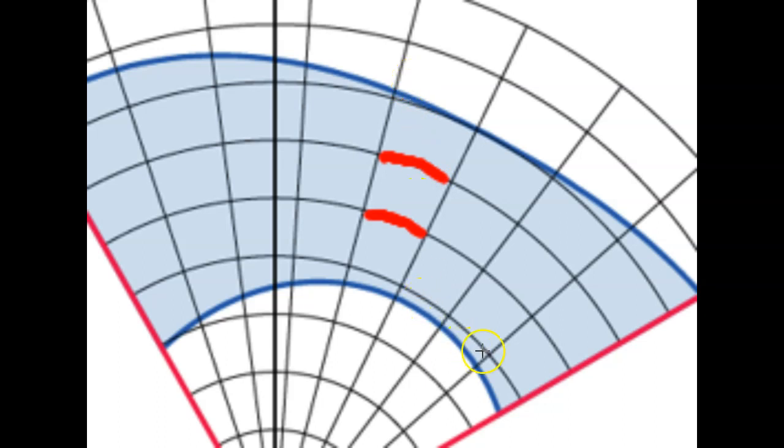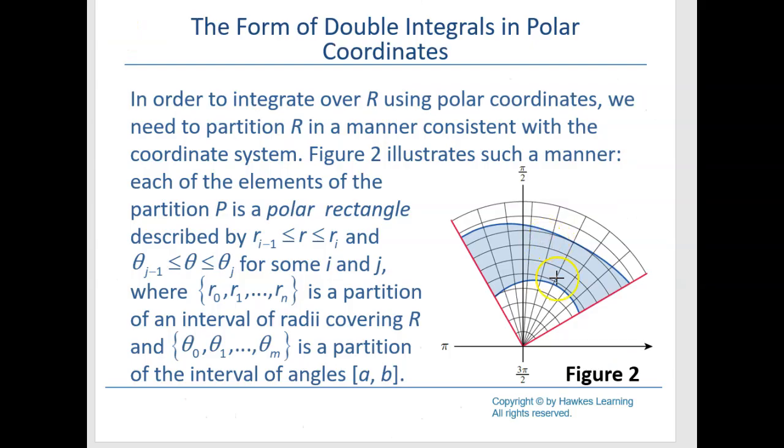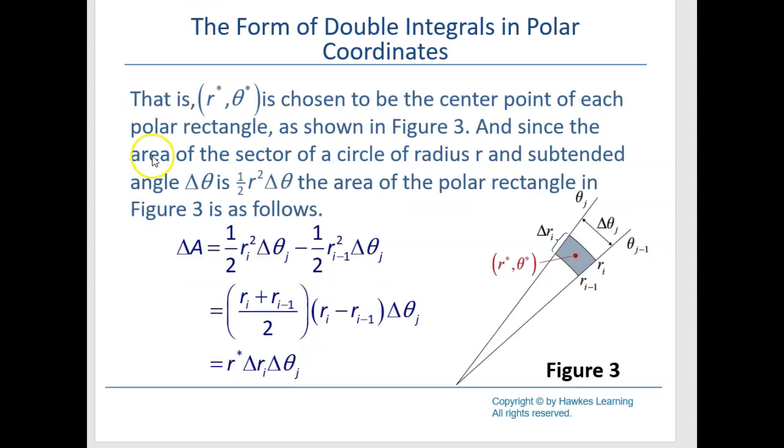So because they're not rectangles, it's not exactly rectangular that we're seeing. It is operations with sectors of circles. And what these slides are going through is giving you the idea of how we find the areas of these things.